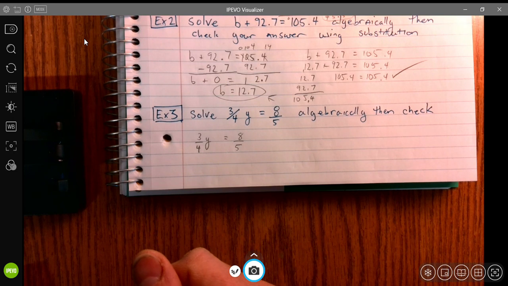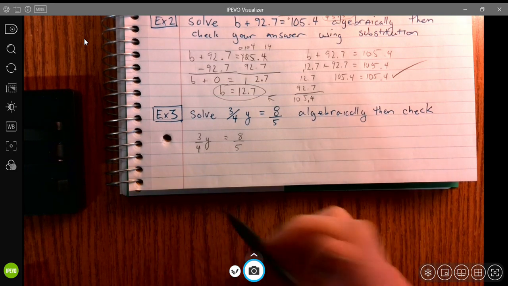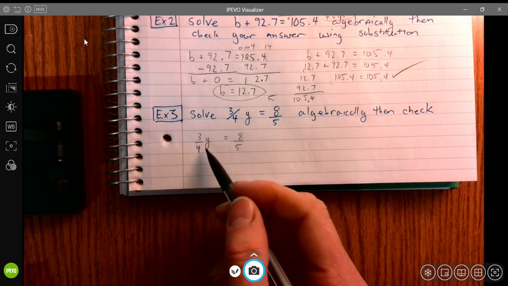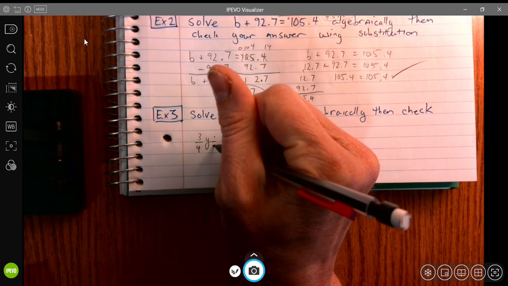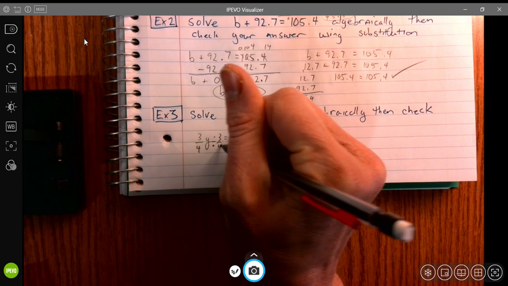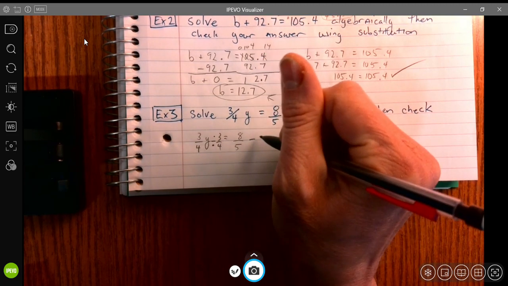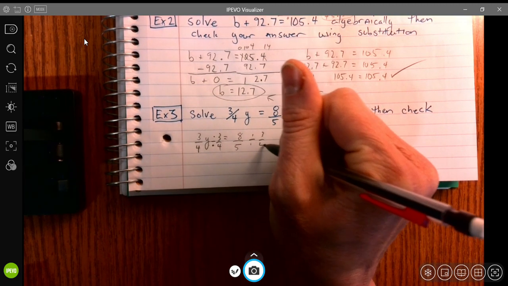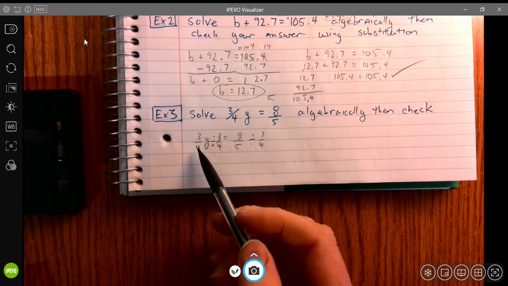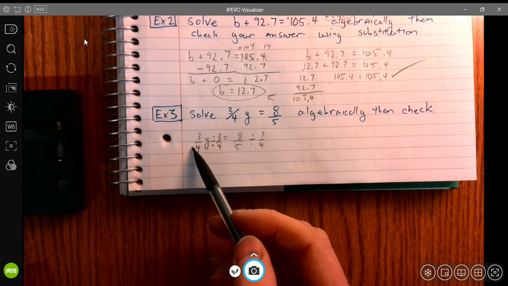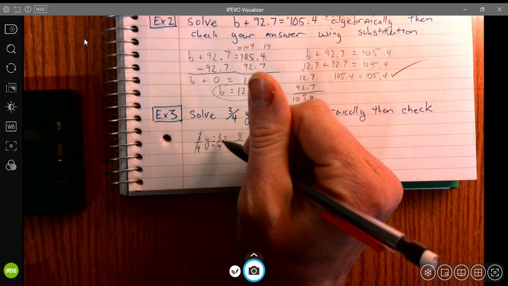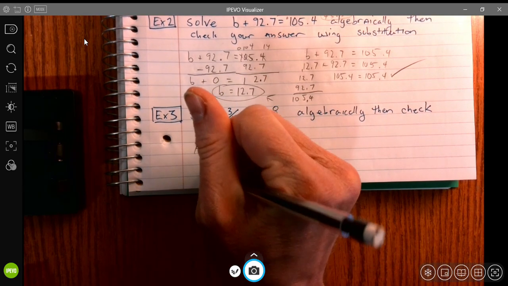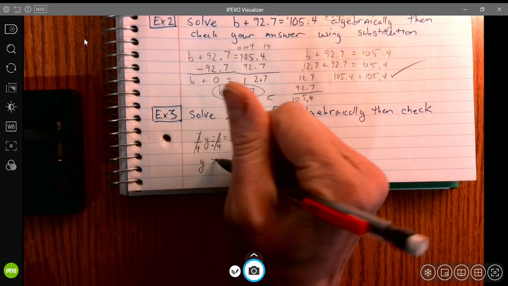So what we can do is, this is 3/4 times y. So we want to perform the inverse operation, so we can isolate that variable y. So now if I have 3/4 times a number, then divided by 3/4, well, that's just going to cancel out, and we're just going to be left with y on the left side of the equation.